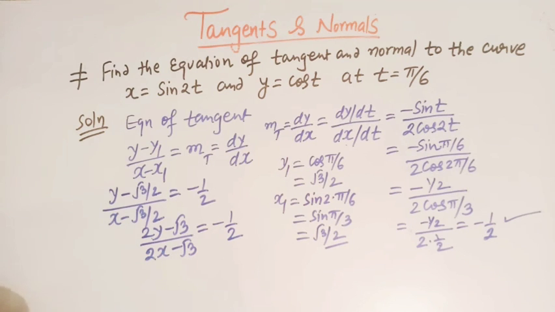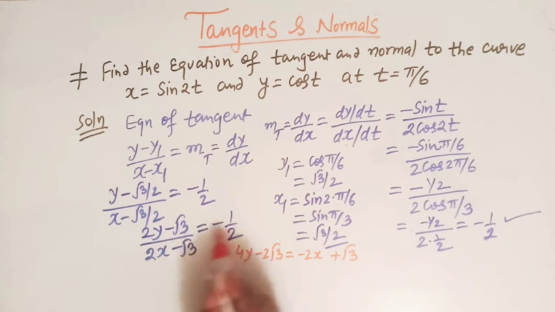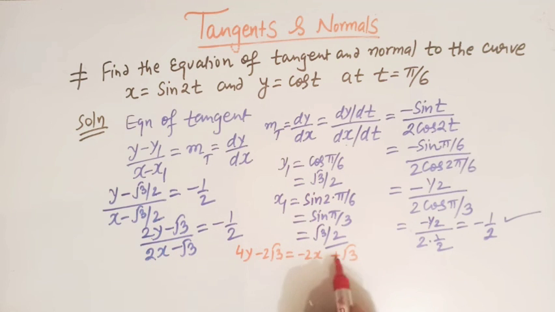Now if we simplify it, we have 4y minus 2 root 3 is equal to minus 2x plus root 3, right? So this is 4y minus 2 root 3, this is minus 2x plus root 3.